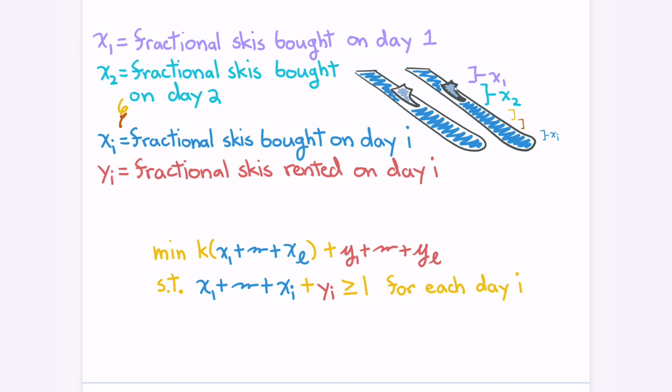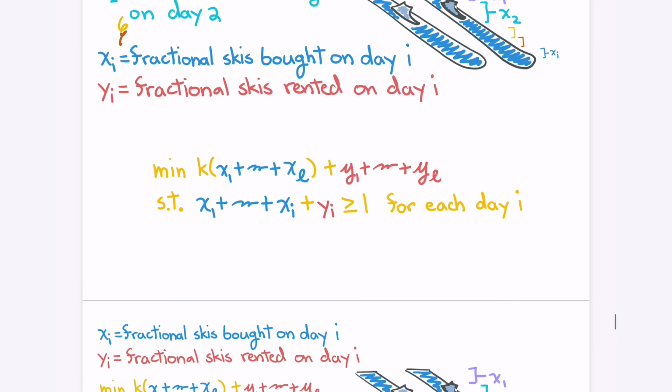And after L days, here's the total amount I've paid: the fractional amount times K, because that's the cost of a full ski, plus the total rent. Yeah, so fractional skis. So if you buy 0.1 skis, then you're getting 0.05 of each foot. Yeah, so 0.1 of a full set of skis.